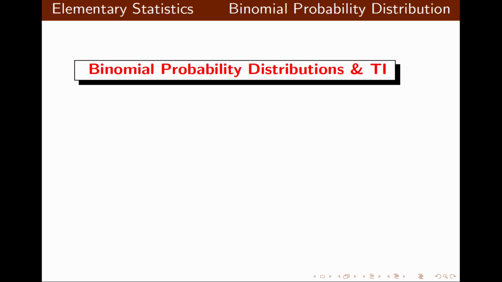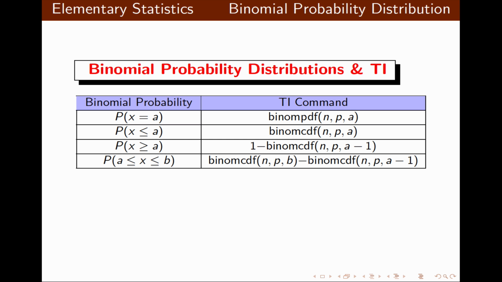Now, how and when do we use binomial probability distribution when using a TI? If we have exactly, we use binomial PDF, and in any other situations we use binomial CDF.